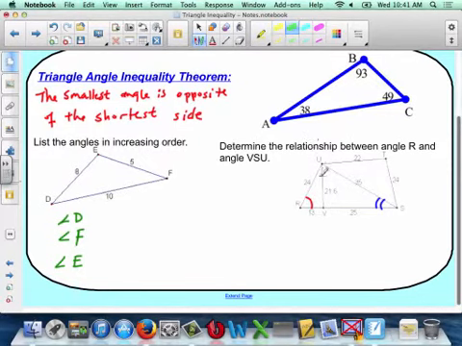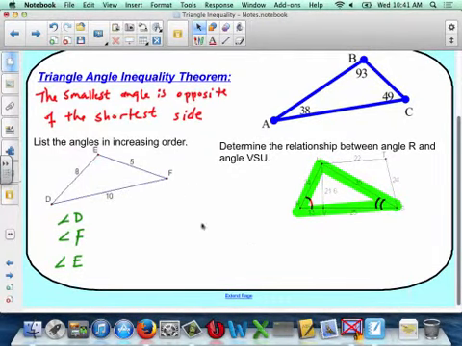URS? Okay. So URS. Okay, so now if I want to compare them, basically I want to say, okay, which one's bigger, R or VSU? Well, look at the opposite side of R. So the opposite side of R is 35.